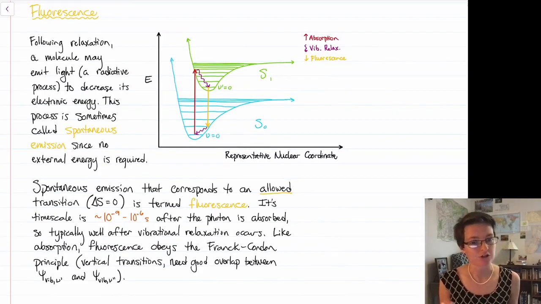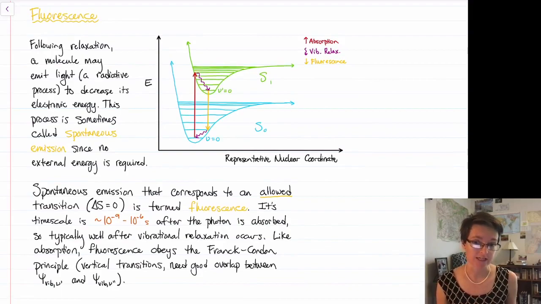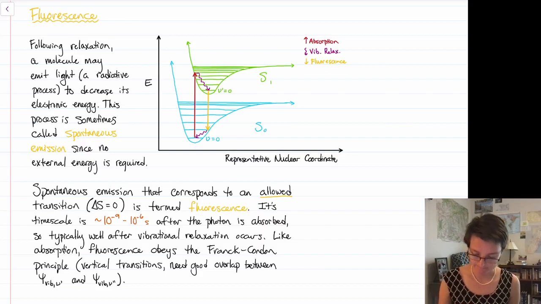The other thing to note in passing about fluorescence is that because vibrational relaxation is allowed to occur, the energies associated with fluorescence are a little bit smaller than the equivalent absorption frequency.